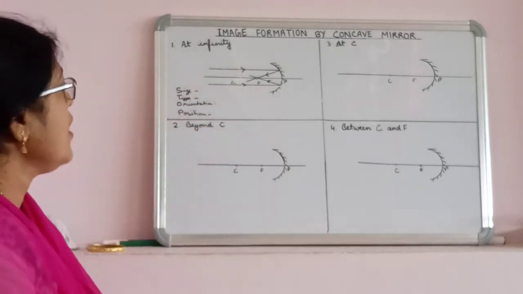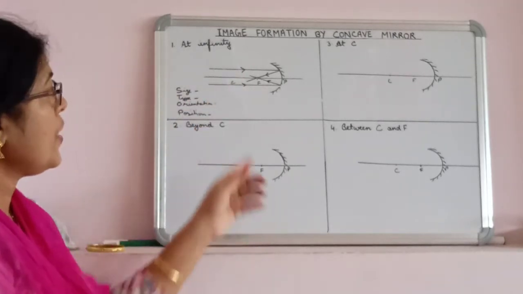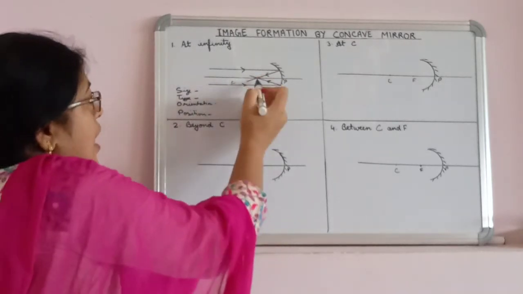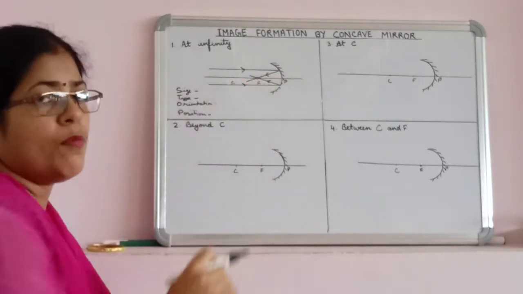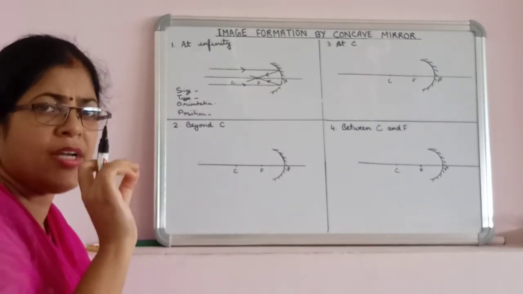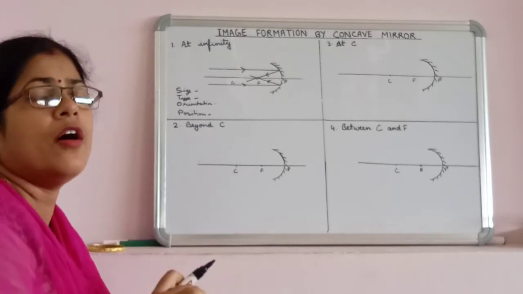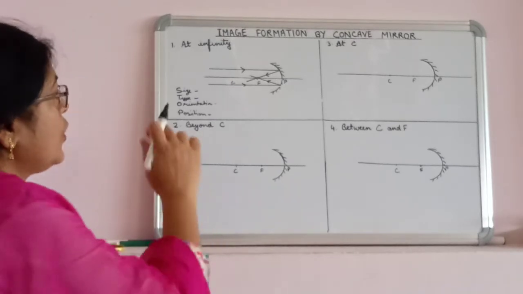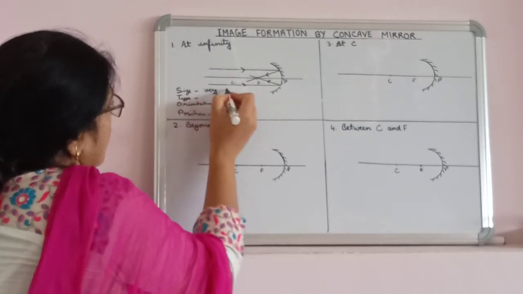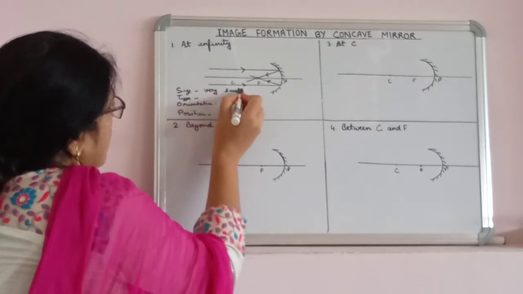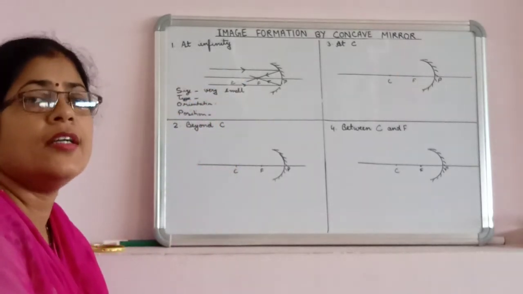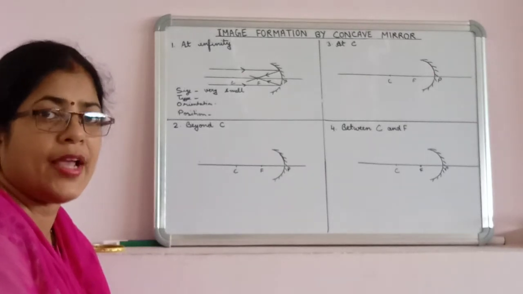So first see the size. Obviously you can see the size is measured from the principal axis, and you can see it is almost a point-sized image. So it is very small, almost a point-sized image is formed of a far off object. So the size is very small, minimized. This is the first point. Type: whether it is a virtual image or a real image.